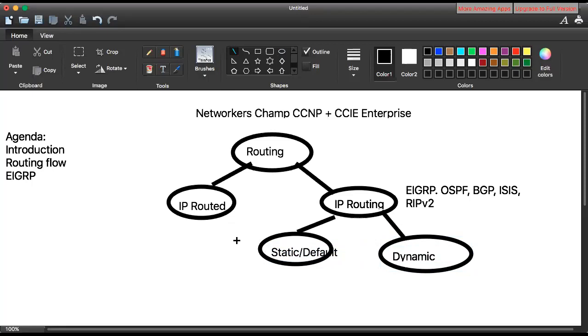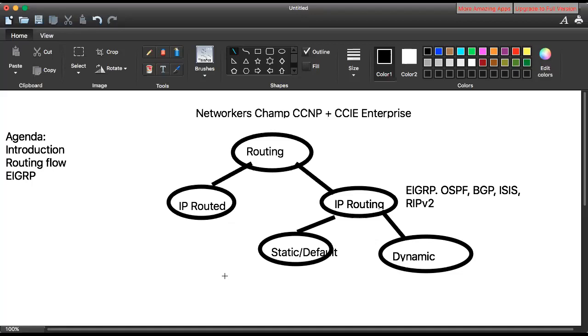What is static? Static is where you log in to the router individually and make an entry of each network in the router to forward the traffic. That's again very basic level, guys, not going to spend much time. Hope this much would be enough.